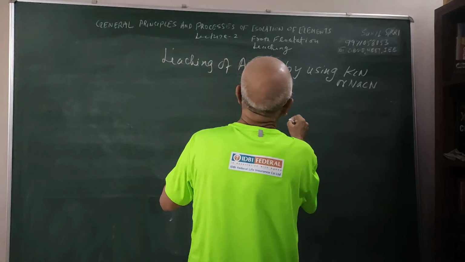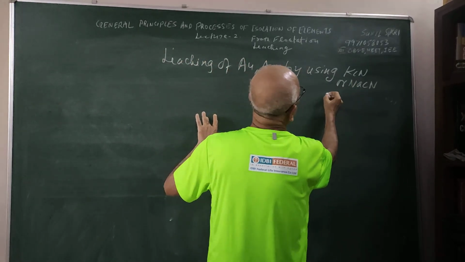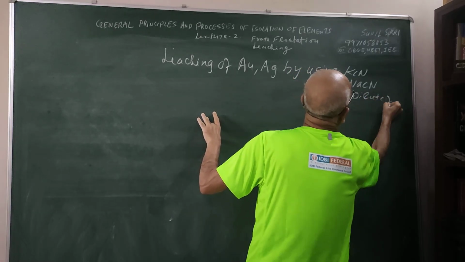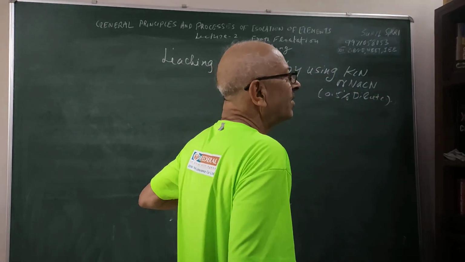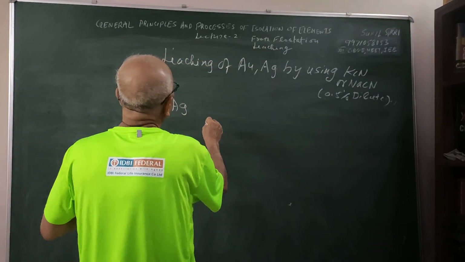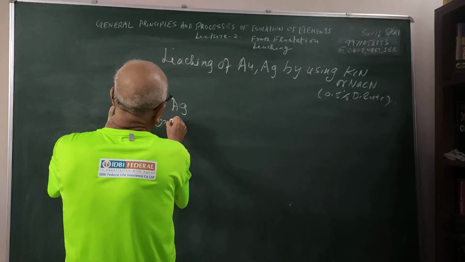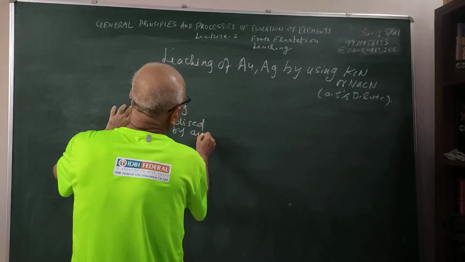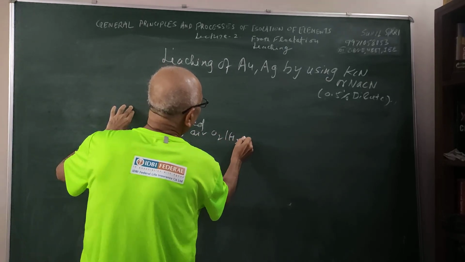Gold and silver ores are leached by using potassium cyanide or about 0.5% dilute solution of NaCN or KCN. What is done is, in this case, that if you have silver ore, the silver is oxidized by air, oxygen and water.